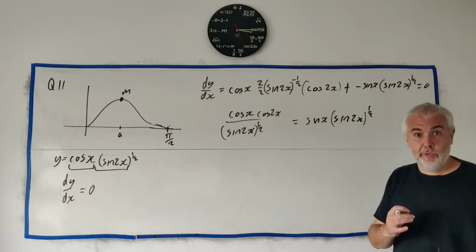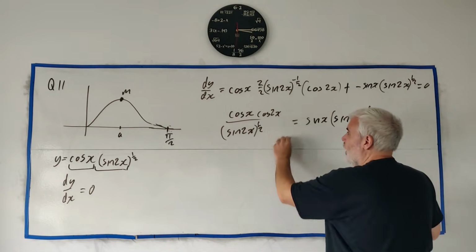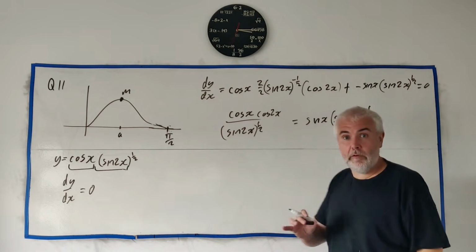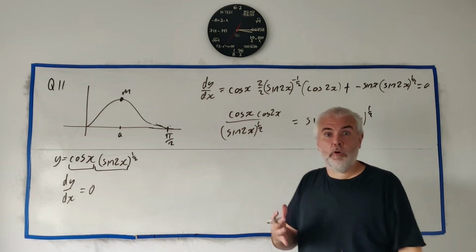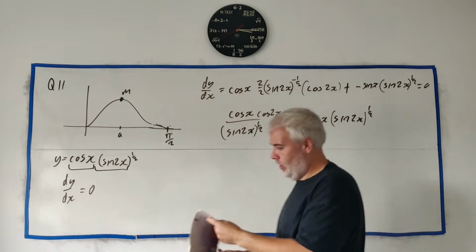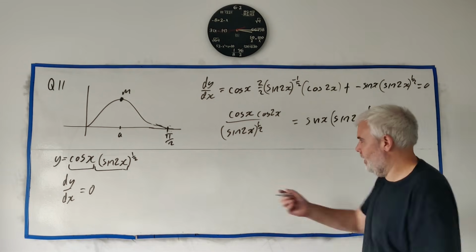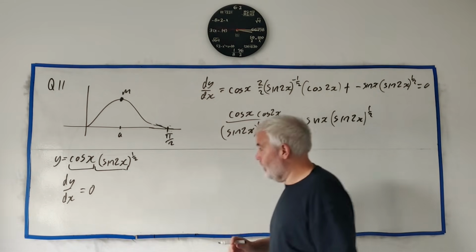And there's lots of tricks we can do to help us with that. For example, I'm seeing cosine 2x and sine 2x. Remember from our formulas, we have a formula for cosine 2x. Cosine 2x is equal to cosine squared x minus sine squared x.